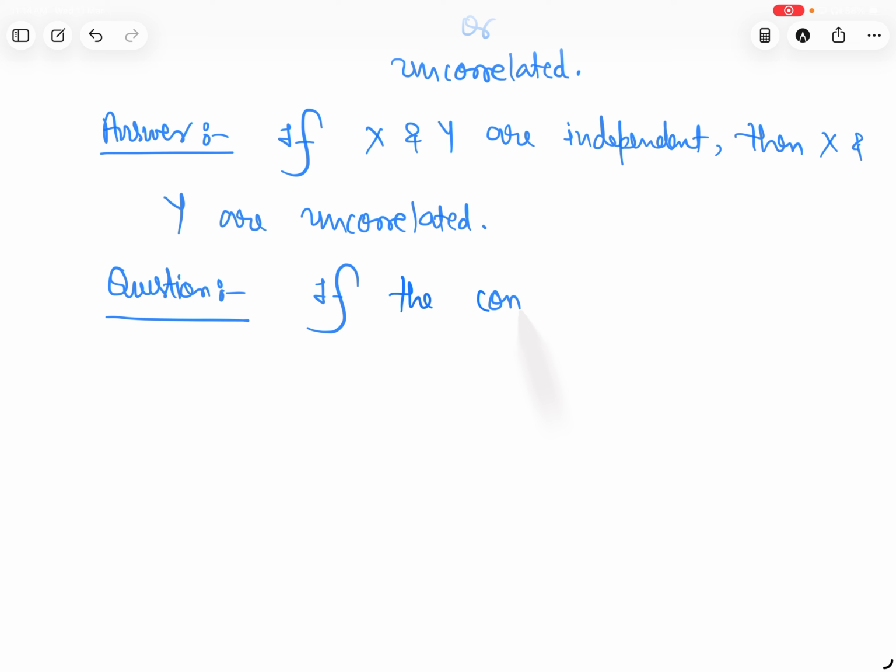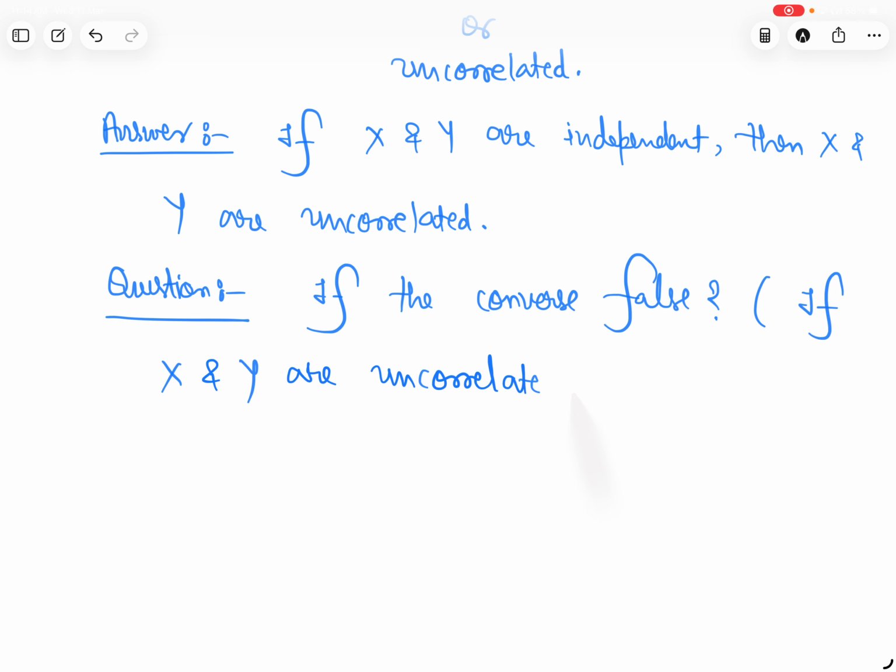The converse means, if x and y are uncorrelated, then x and y are independent.